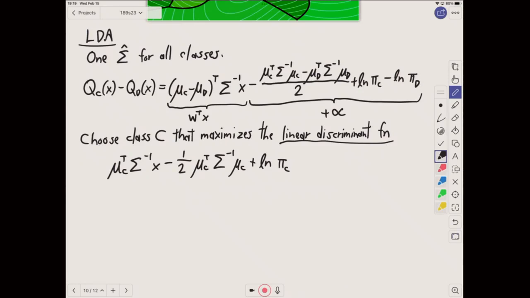Why does that work? Well, suppose that you're comparing 2 different classes, class C and class D. So you compute this expression at the bottom for class C, you compute a similar expression for class D, and then you compare them.